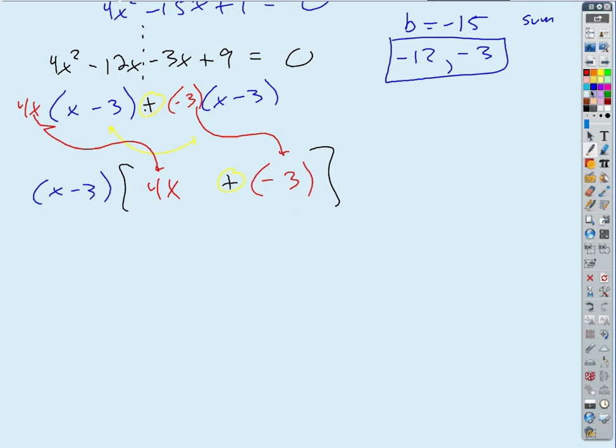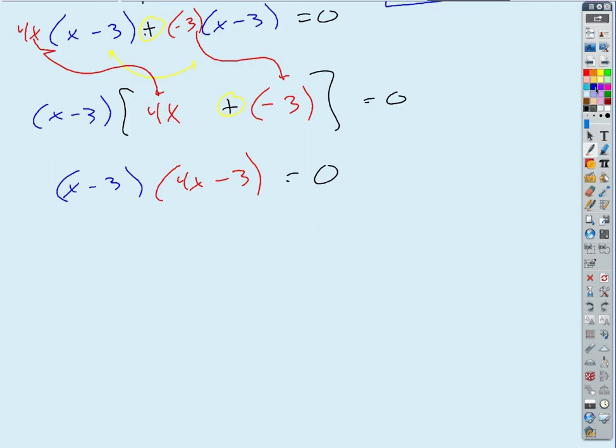And so if we just write that a little more simply, isn't that just x minus 3 times 4x minus 3? Okay, and remember, that's all equal to 0, right? And so then all I would do is apply the zero product property, and we're done. Okay? You got it.